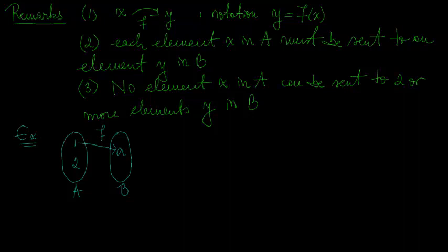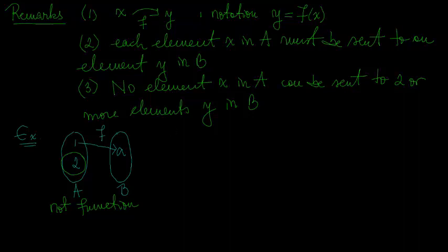And the answer to the question is no, because our first condition is not satisfied. Namely, there is an element x in A that is not assigned to an element y. So therefore, this is not a function. Namely, the element 2 is not assigned to a corresponding y value.